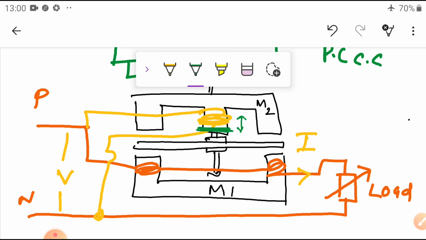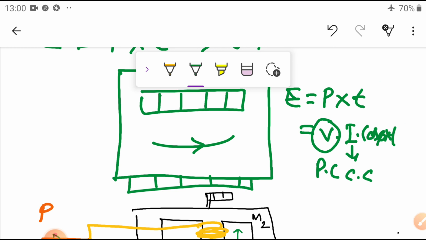This is a basic thing. What is the operation? Once it is connected to the supply, we apply a single phase voltage, for example 230 volts 50 Hz. The phase is connected here and neutral is connected here, and phase is taken out and neutral is taken out.